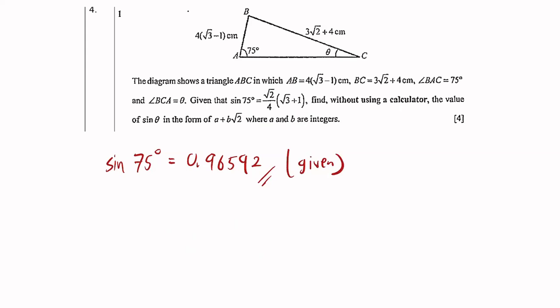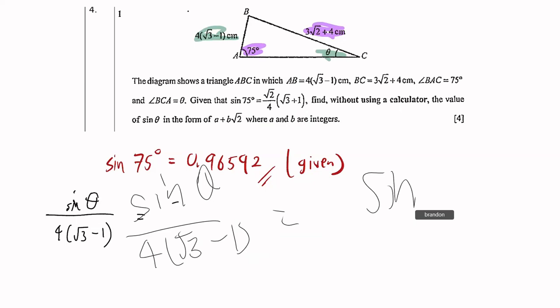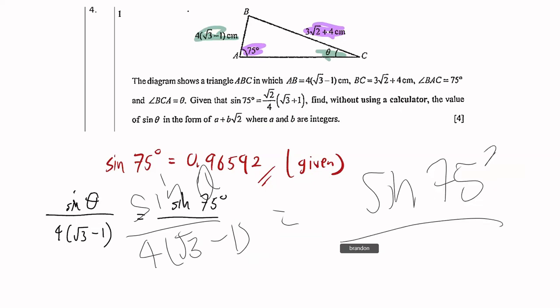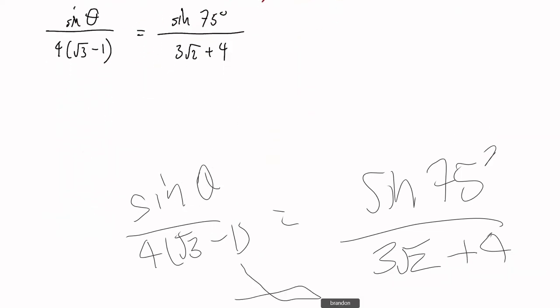So what do you notice straight away? Length, angle, length, angle. Let me make it more obvious. Green, purple. Sine theta over 4 root 3 minus 1 equals sine 75 degrees over the other length. Then bring the length over.